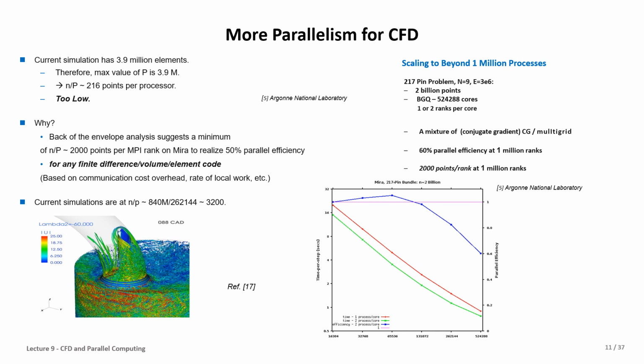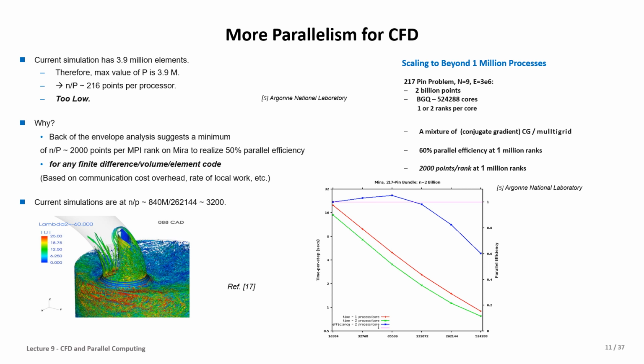Then if we want to see whether more parallelism is effective, for this example, as we said, there are 3.9 million elements. The max value for the processors is 3.9 million. If we want to look at the points per processor, there are 216. But how about this number of points per processor? Is it too low? Why? We need to go back to the information of the system.